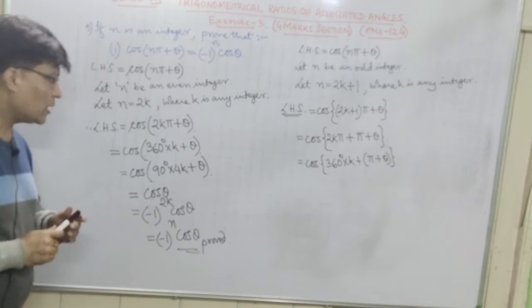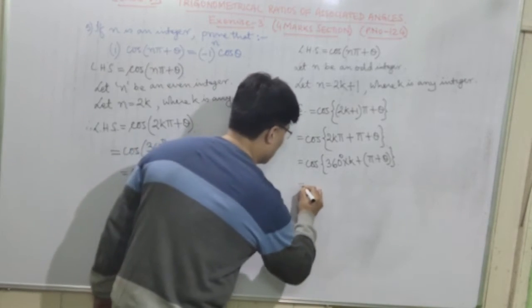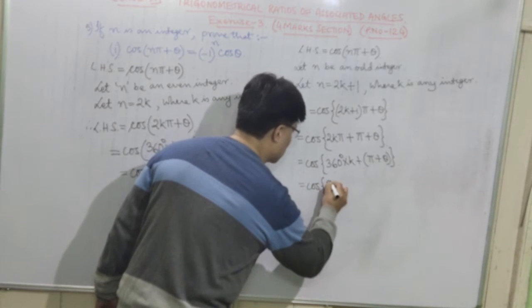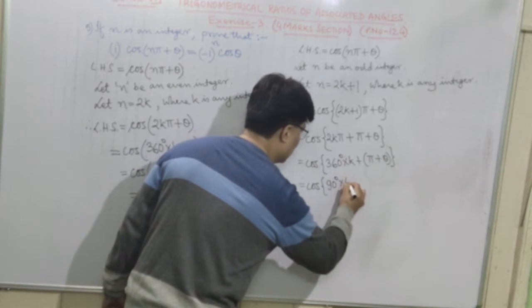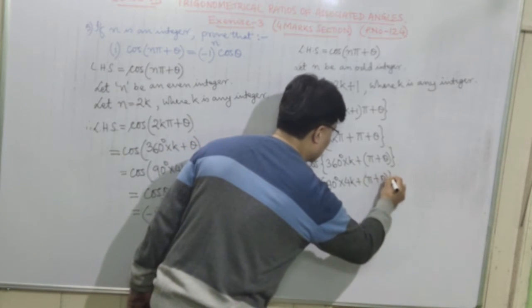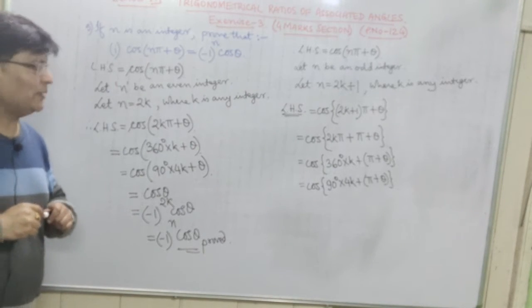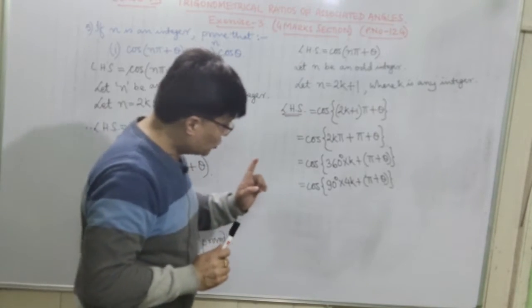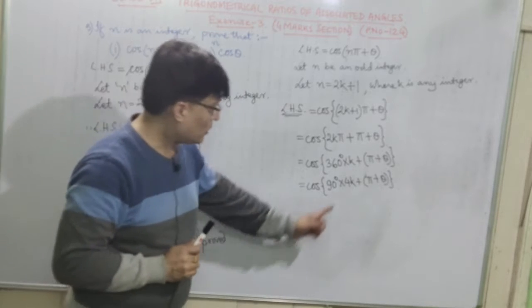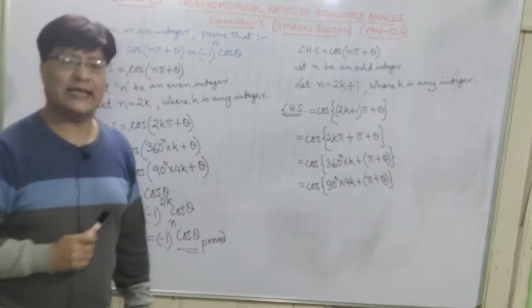Okay, now here we have, or you may write here cos, what is 360 degree, 90 degree into 4k plus, this is your pi plus theta. Okay, so now here within bracket there is pi plus theta. Let us take it as theta.